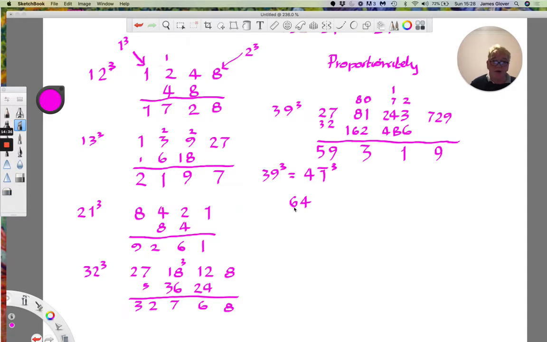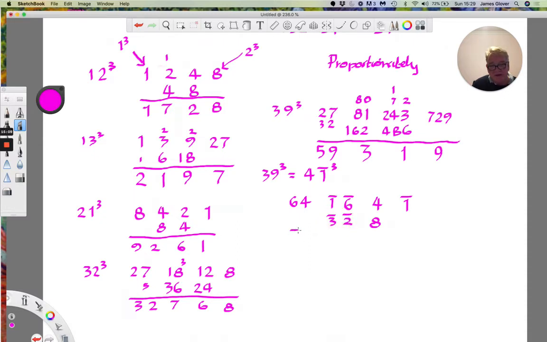So I'm going to divide this by minus 4 to give minus 16, which is bar 1 bar 6. Divide that by minus 4 to give plus 4. And 4 divided by minus 4 is minus 1. Then we double the middle two, get 8, and bar 3, bar 2.